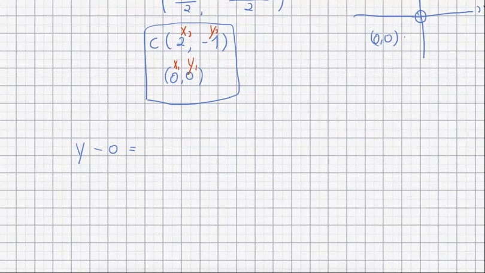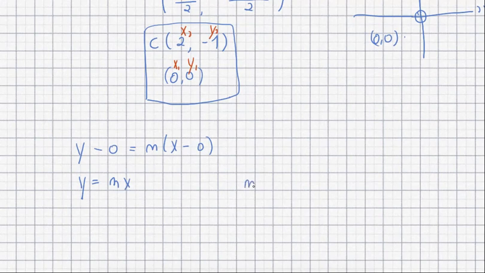If you look at the screen, I chose x1, y1, x2, y2. Okay, so y minus 0 equals m times x minus 0. So y equals mx. And now we only need to find what m is.